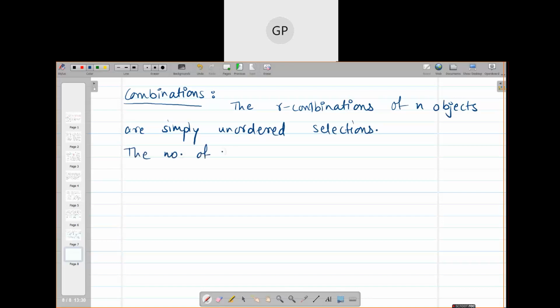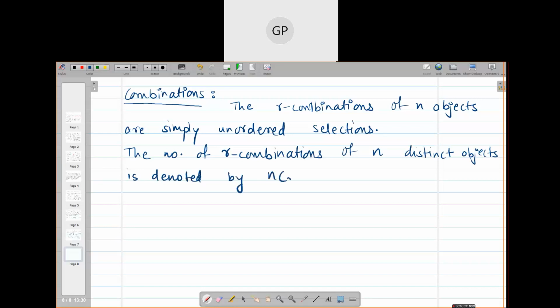The number of r combinations of n distinct objects is denoted by nCr or C(n, r), or like this also, where you put the bracket with n above and r below.